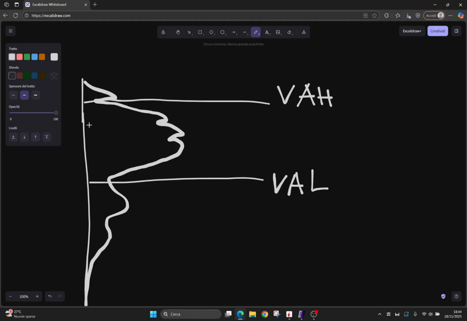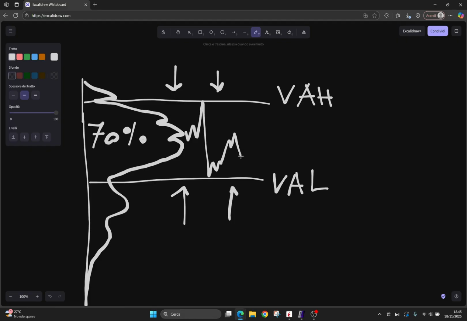70% of the volume is transacted here. You have outside boundaries. Think about this as a wall, okay? All the participants of this auction are stepping in to protect this level. So the profile shape that you see here is typically this, okay?